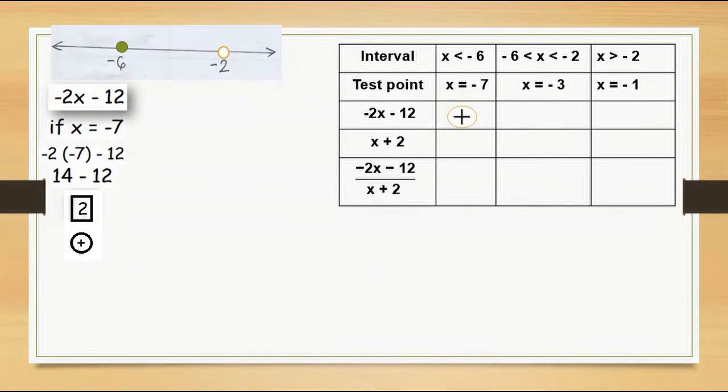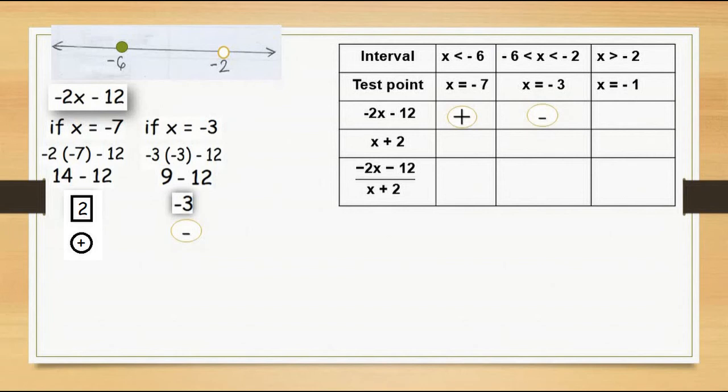Then, if x is equal to negative 3, negative 2 times negative 3 minus 12 becomes 6 minus 12, which is equal to negative 6. Wait, as in the video, 9 minus 12 equals negative 3, a negative number, so you put a negative sign there.